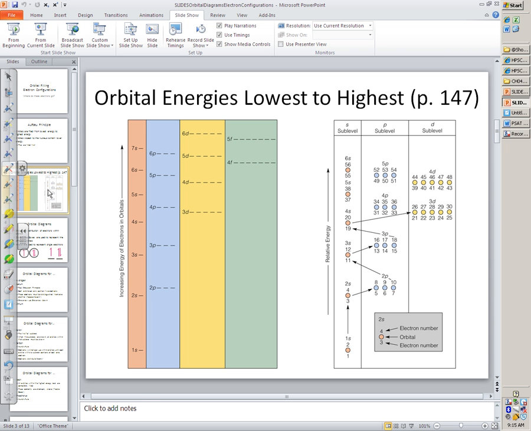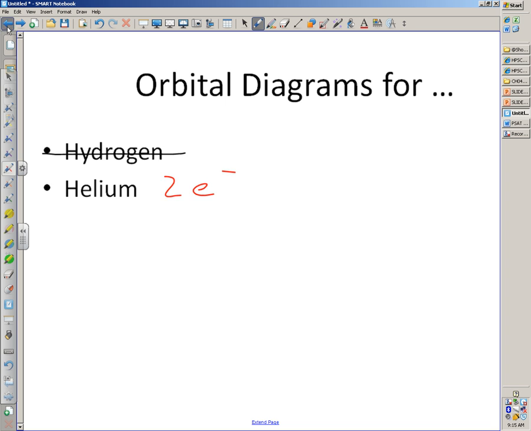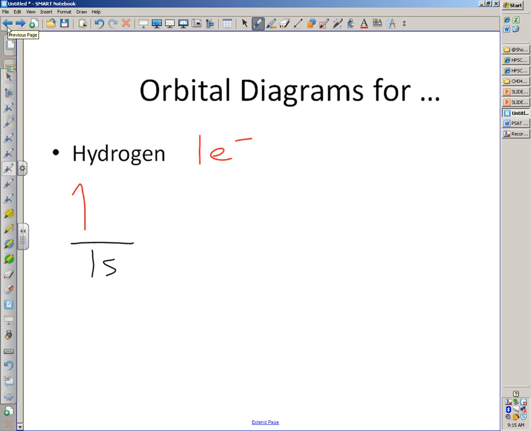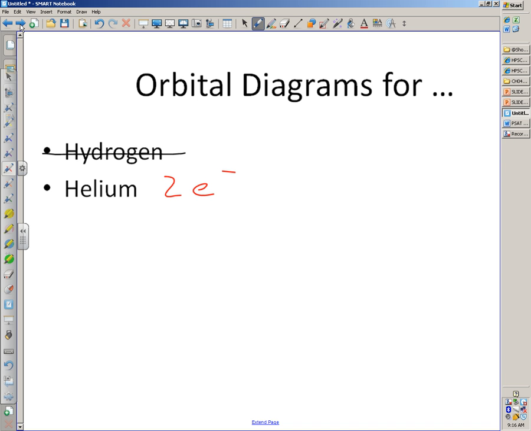But in our orbital diagram for hydrogen, is the 1s orbital full? No, it's not. So if there's some extra space there, and it's the lowest energy orbital, where do you think that second electron in helium is going to go? In the 1s orbital. So we draw the line, we label it 1s.